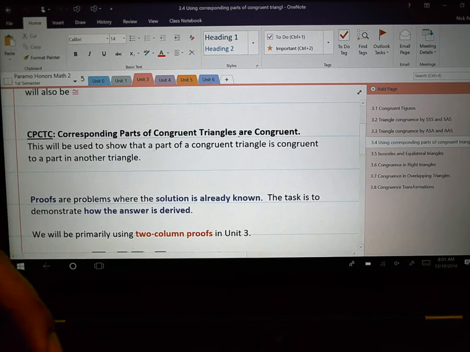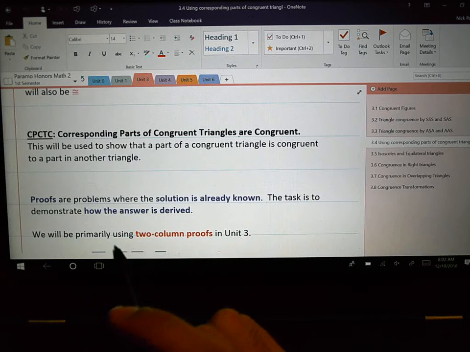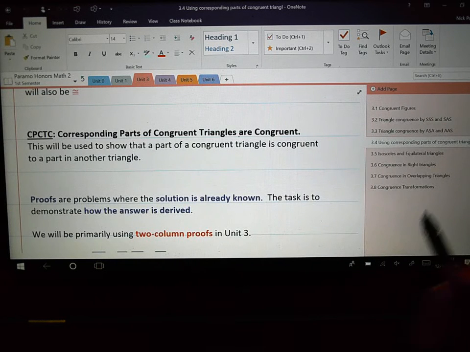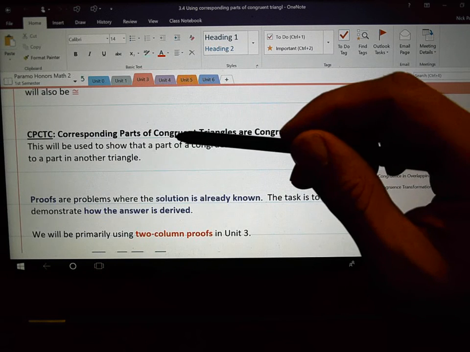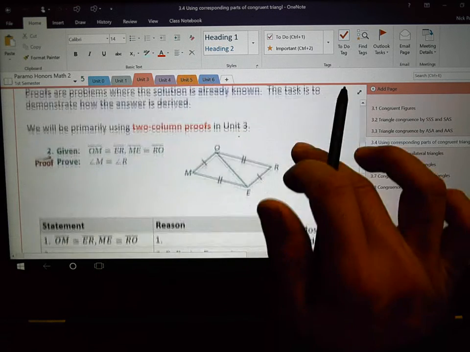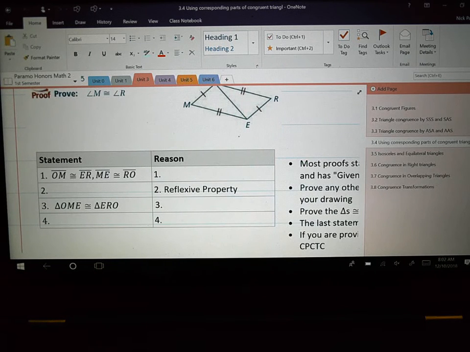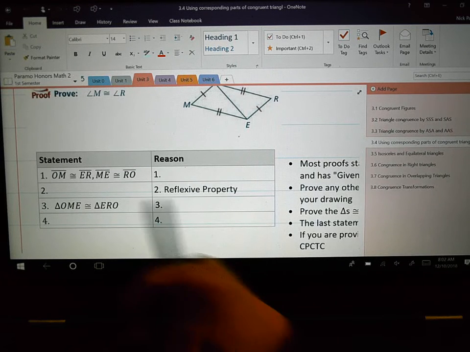What we were doing this whole chapter was, if I could prove that this triangle is congruent to this triangle by one of the 5 postulates, then we could use CPCTC to say that their parts are also congruent. And this was extremely helpful when we got to the proofs. This chapter, there's a whole lot of proofs, and we had to give reasons why we knew certain things were true.